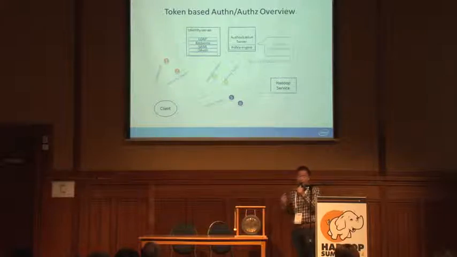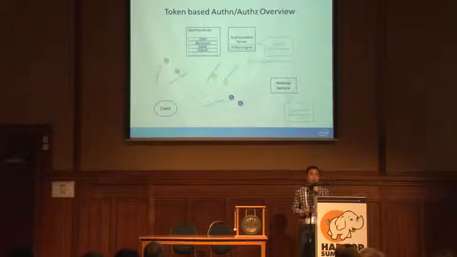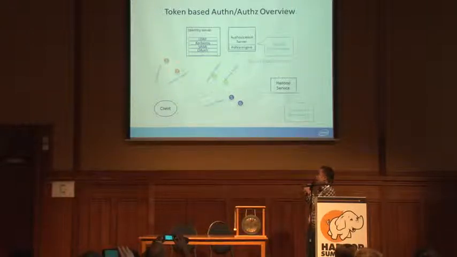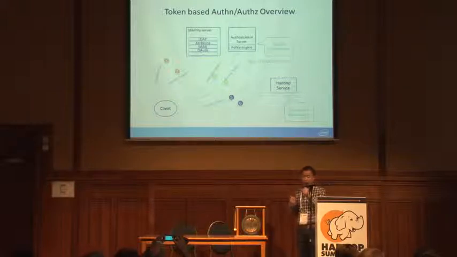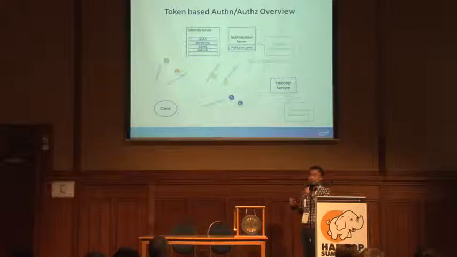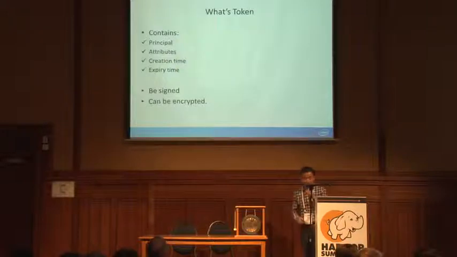And for the Hadoop service, the fine-grained authorization will also be done as the original, before we enable TokenOAuth. But we can get more information, so we can have better fine-grained authorization.